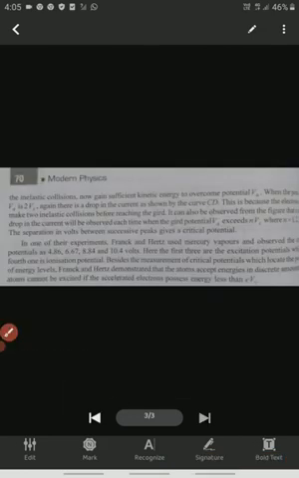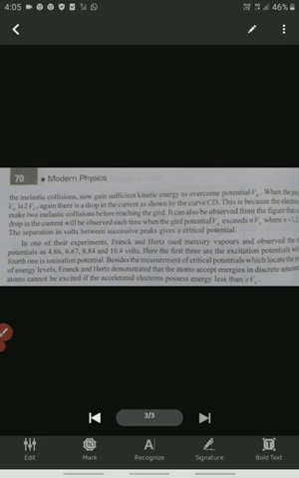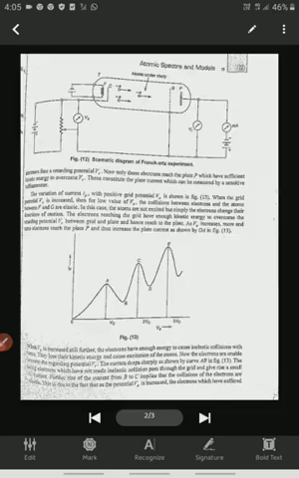In this Frank and Hertz experiment we used mercury vapors. Mercury is represented by Hg. The critical potentials of mercury vapor are 4.86, 6.67, 8.84 and 10.4.